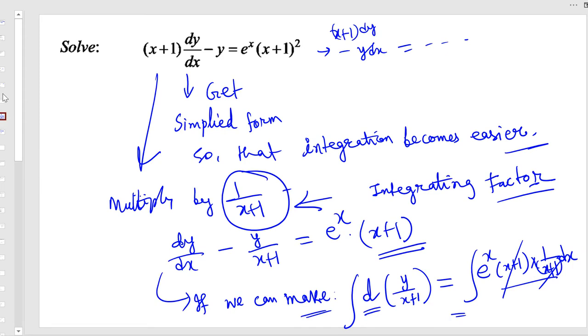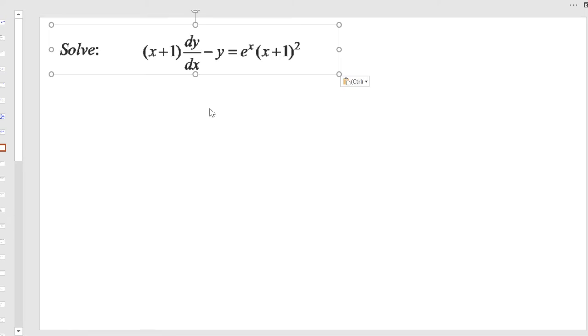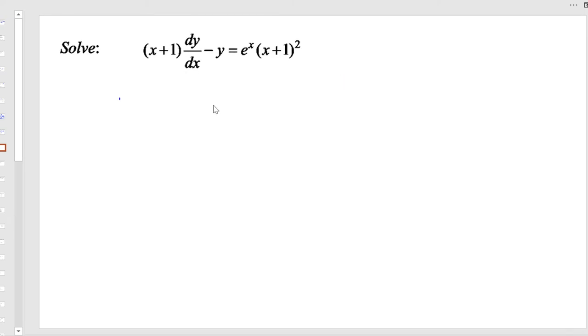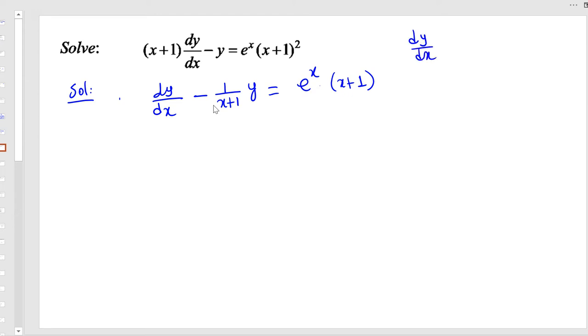Now if you try to apply this formula, the first task is to put it in the standard form, dy dx minus 1 upon x plus 1 times y equals e to the power x into x plus 1. Our standard form is dy dx plus py equals q.